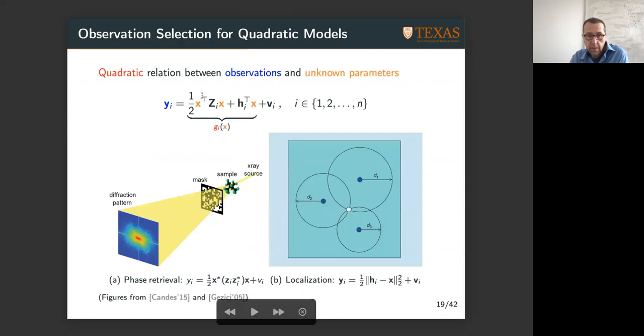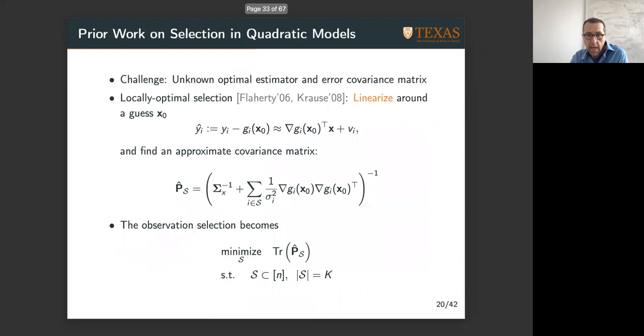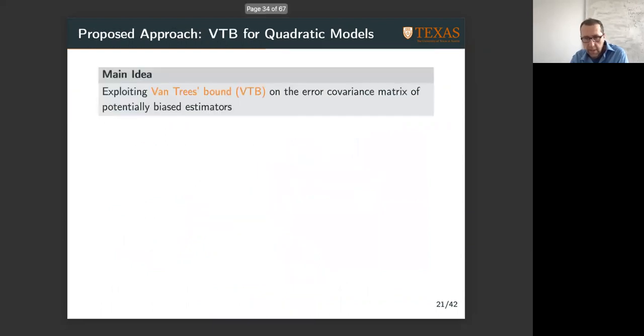And motivated by this, we've considered a family of quadratic models that come up again in a number of applications. And what we did, I'll skip the linearization approach that is part of the existing work.